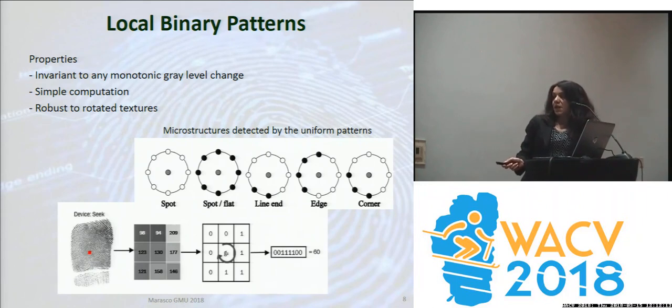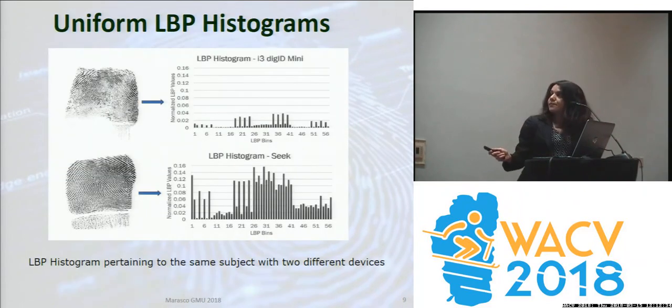The central pixel value is compared to the neighborhood, and it's 0 if it's higher, otherwise 1. So we can build our 8-bit string, and in this work we use uniform local binary pattern. We just consider a subset of all the possible combinations of the pattern, and of course we consider the histograms as features.